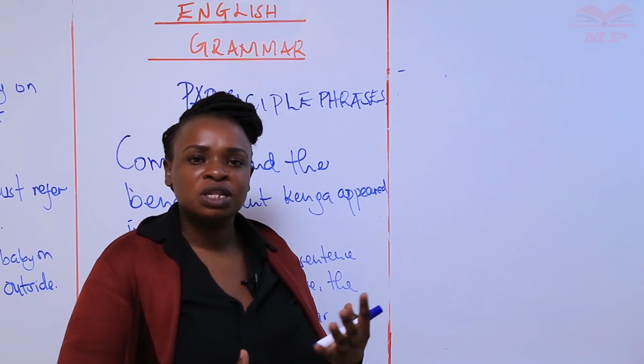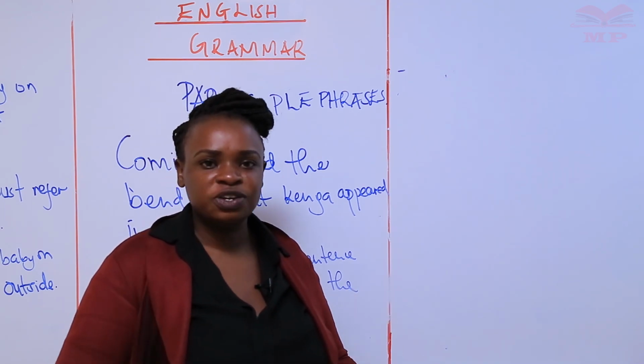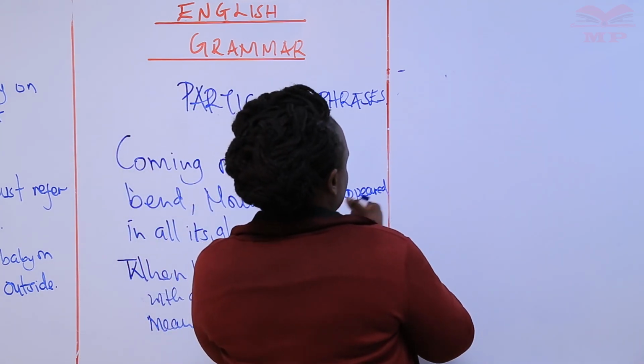When I'm speaking, someone will know that I know English because I'm using a variety of sentences, or even when writing, I'm using a variety of sentences. So the participle phrase, therefore, you can write that.